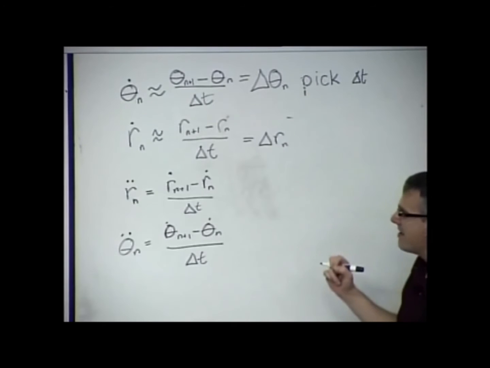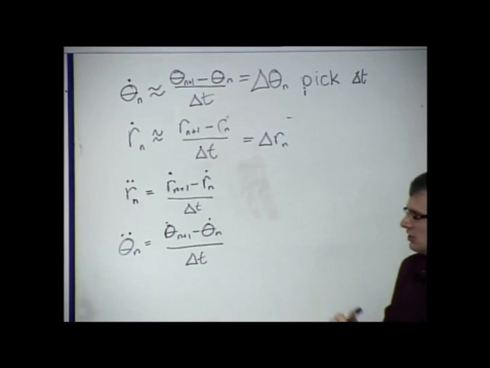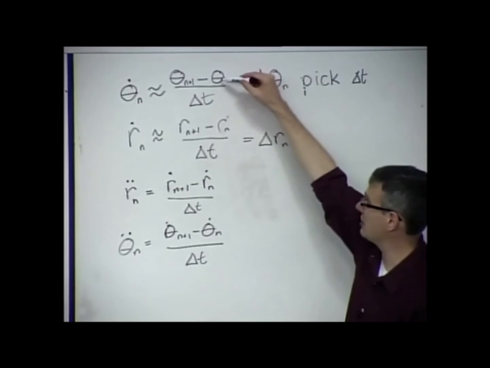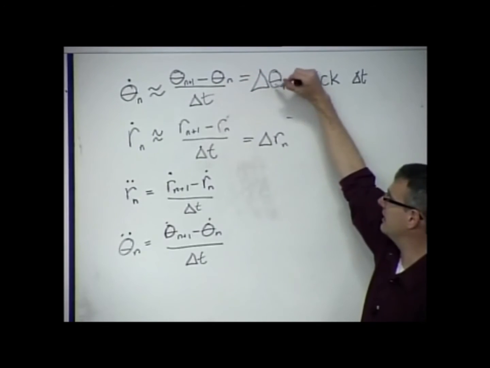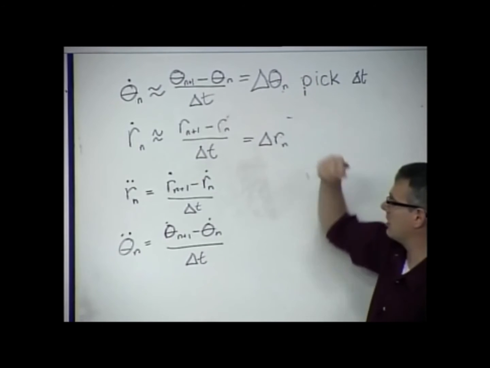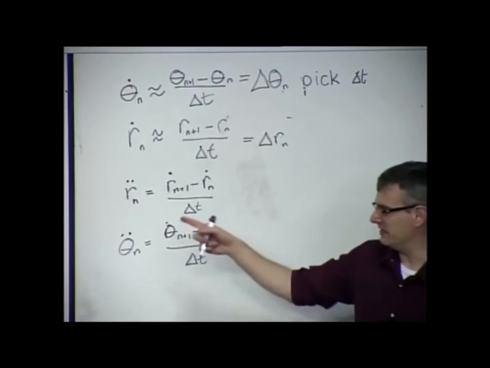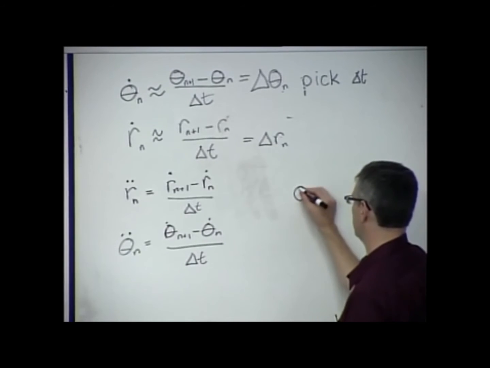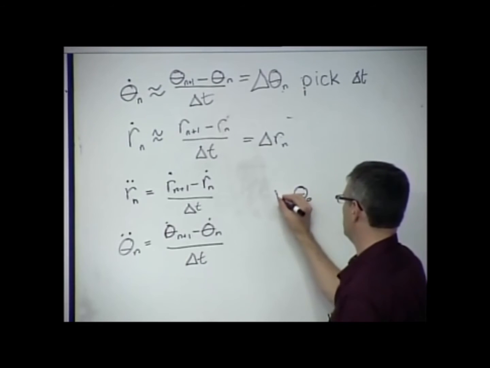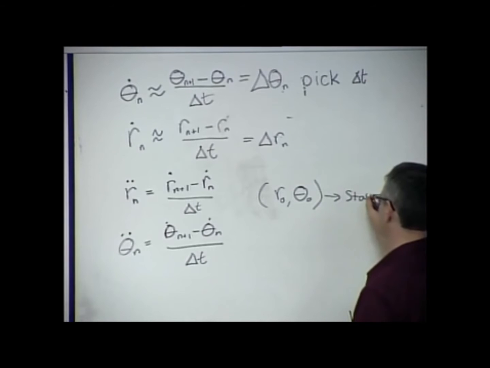And now I have a framework for giving myself some initial conditions, giving me a starting theta and r, and also a starting delta theta n and a delta r sub n. And I can relate that to velocity via my formulas. So for example, let's say theta 0 and r0 are my starting points.